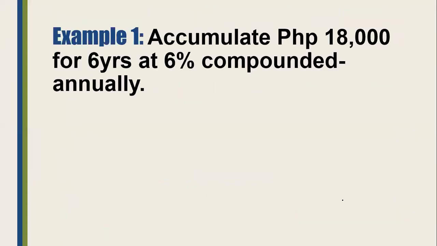So for future value, example number 1: accumulate 18,000 for 6 years at 6% compounded annually. May present value po tayo or the principal money which is 18,000. And then si 6% po, hindi pa po siya ang I. Si 6% is just J. So 6% convert po natin into a decimal form.